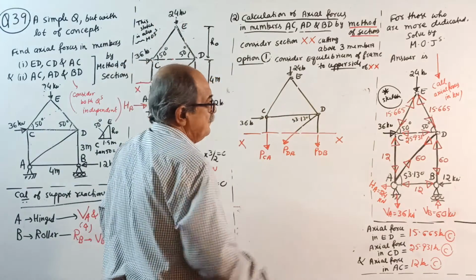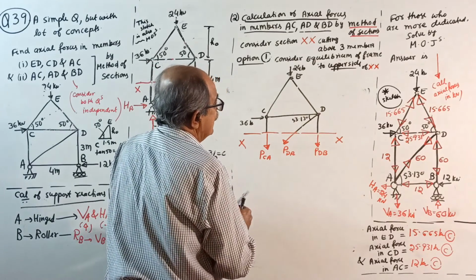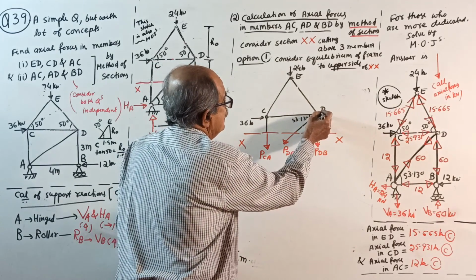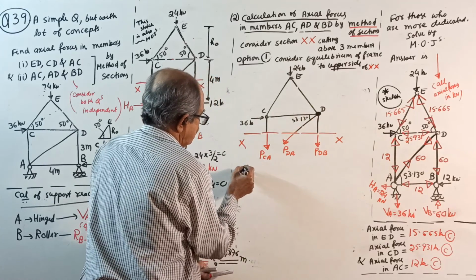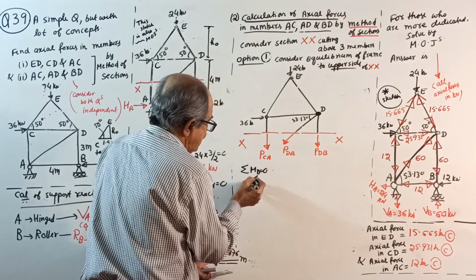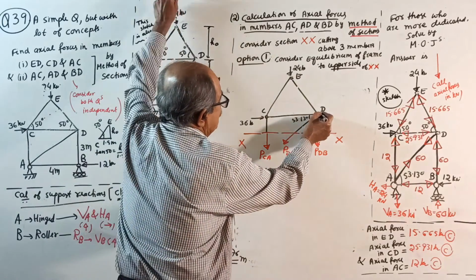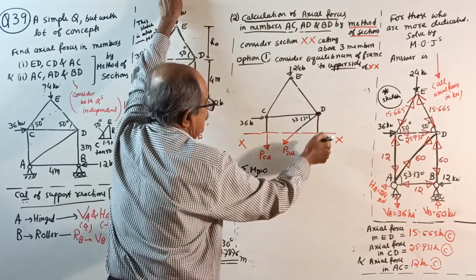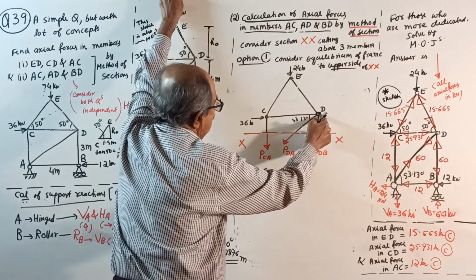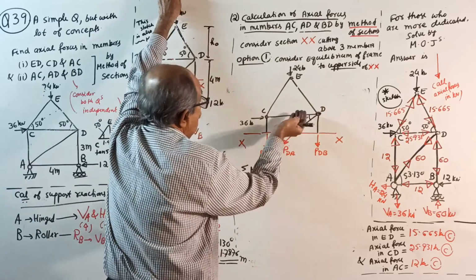Among the three forces, two unknowns are meeting at D. So, write sigma M about D equal to 0. When you take moment about this point, see here, this into 0, even 36 also into 0.